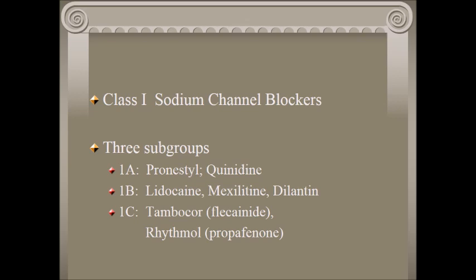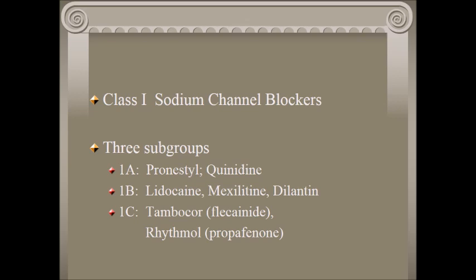Class 1A blocks fast sodium channels and prolongs the action potential duration. They are said to have moderate effects. The two major drugs in this class are procainamide and quinidine.